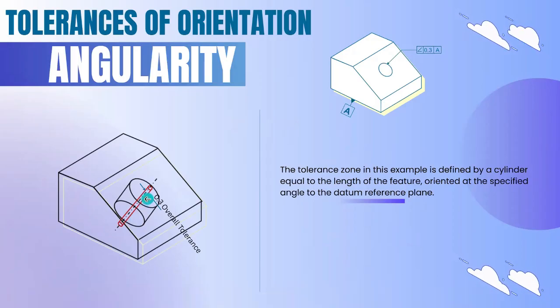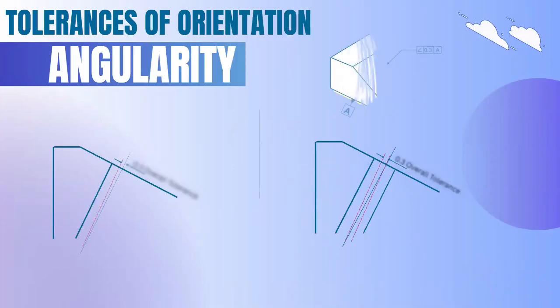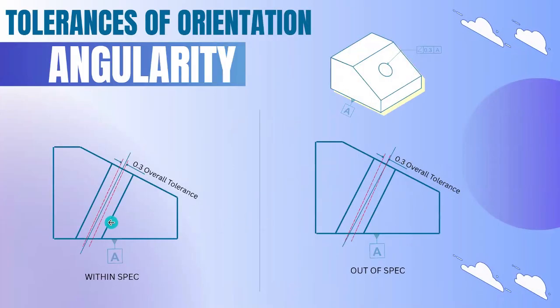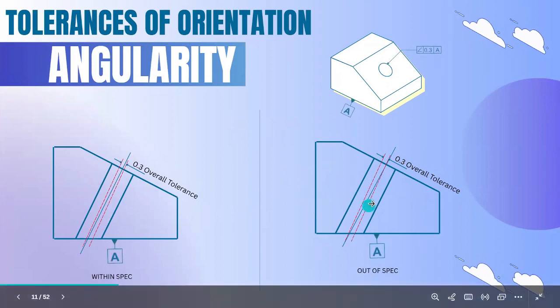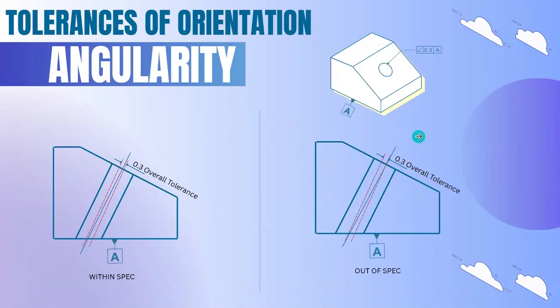So the tolerance will act as a cylindrical tolerance. So here the deviation must lie within this cylindrical zone. The left one is within spec, and on the right side, because of the larger angular deviation, it went outside the zone, so it is out of spec.